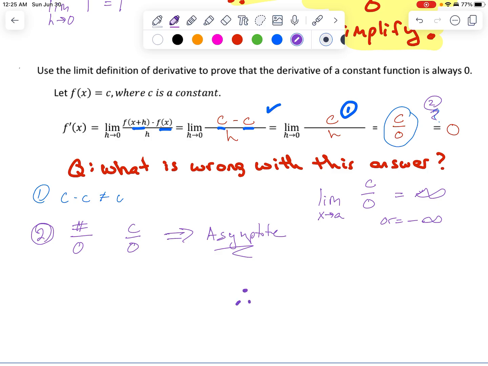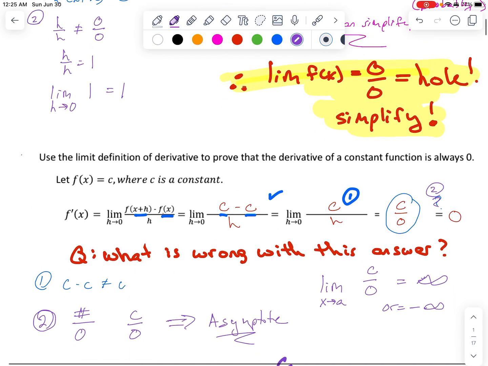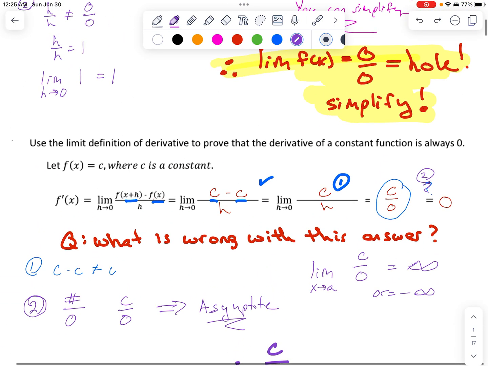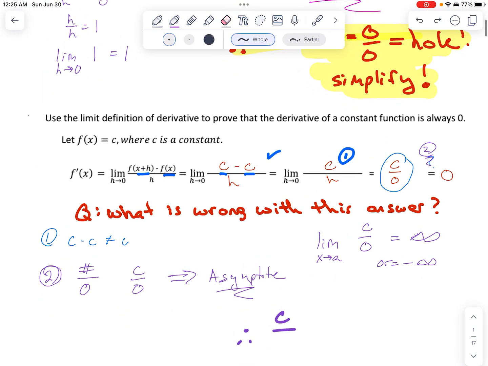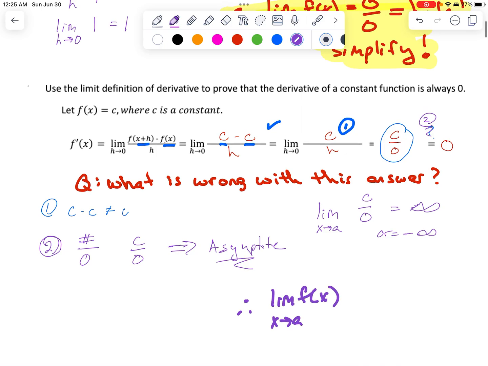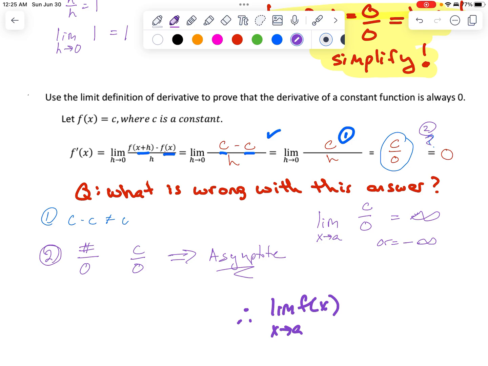So if you see a constant over a 0, we'll write it like we did the last one. So if I try to take the limit of a function and when I try to do it, I get c over 0, that should tell me I have an asymptote.